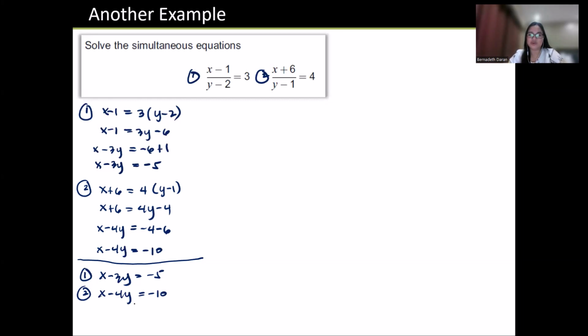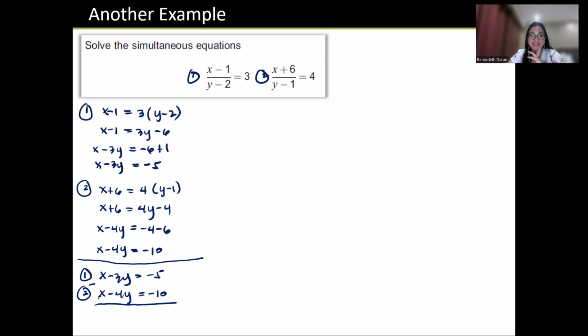And the x in equation 2 has also numerical coefficient 1. Okay, so since both of them have the same numerical coefficient, then we can either subtract or add. And if you notice, if we add them, we really do not eliminate them, right? So what we do is we're going to subtract.